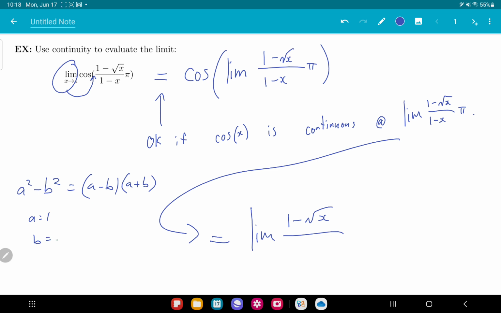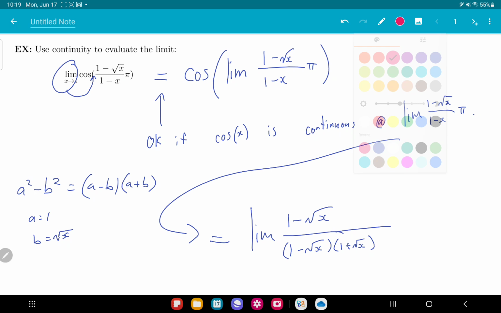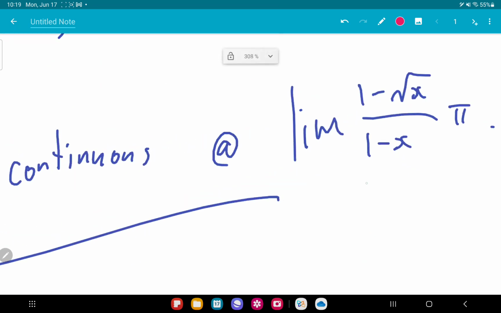B is going to be root x. So it's a bit weird, but it is a valid factorization. So, factored the bottom. So again, I'm saying down here, this is a squared minus b squared. B is root x.